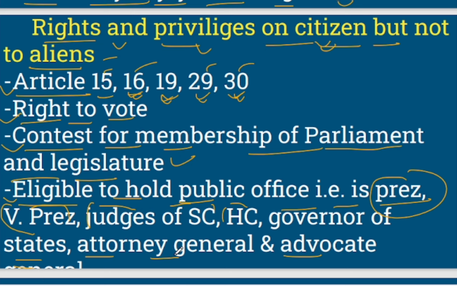Here general is missing, let me write it here, advocate general, right? These are for citizens only, right? Aliens, friendly aliens, don't have any right to have these rights, right?